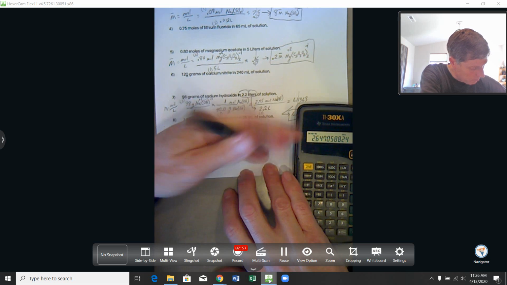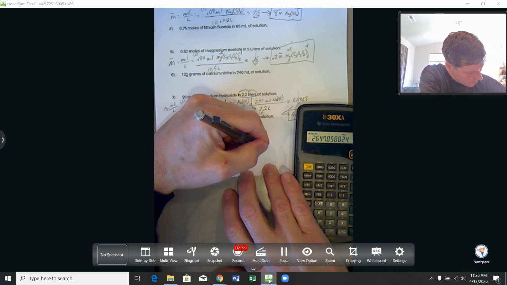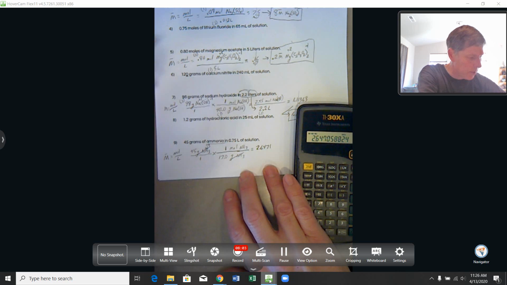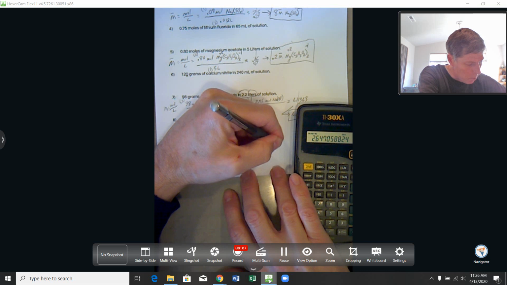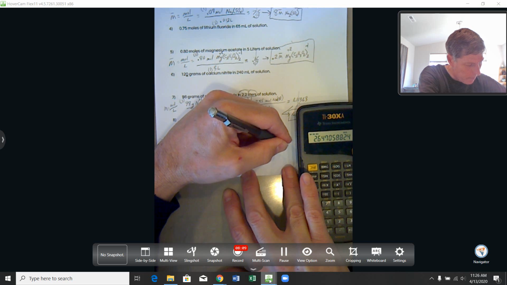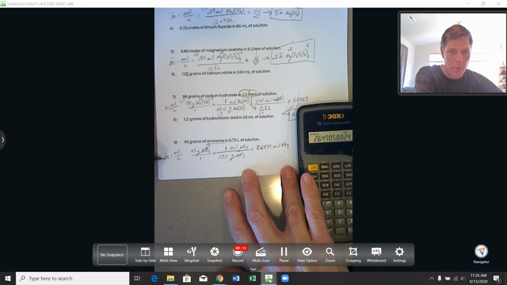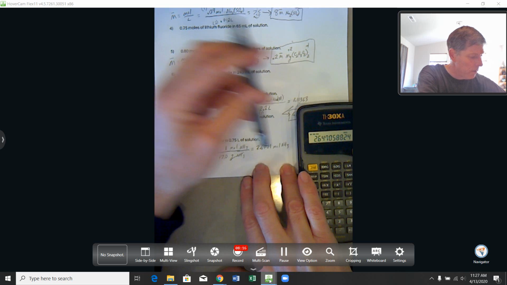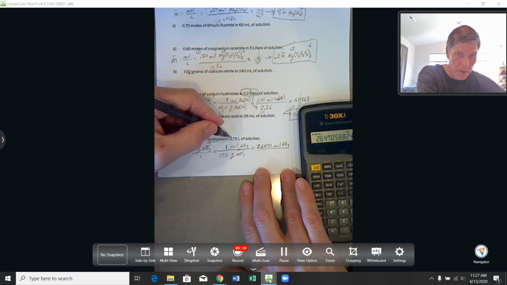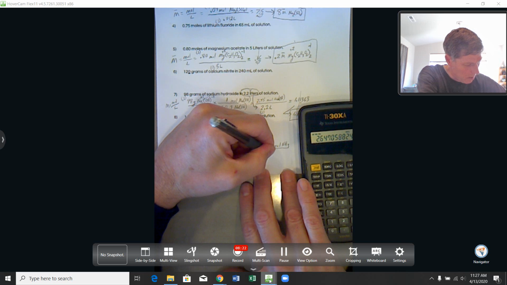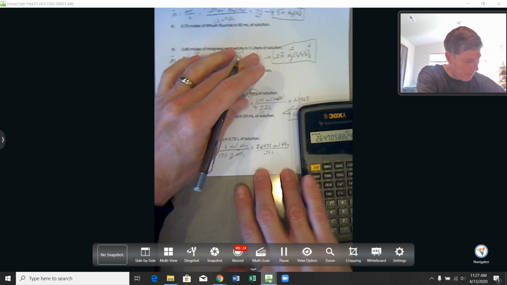Let's see if I can write it a little bit clearer for you guys. 2.6471. Okay. And that's moles NH3. But once again, I'm looking for molarity. So that means I've got to take my mole value and I have to divide it by whatever my liter value is. In this case, it told me 0.75 liters.